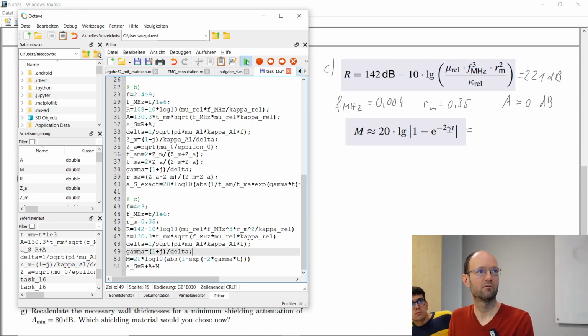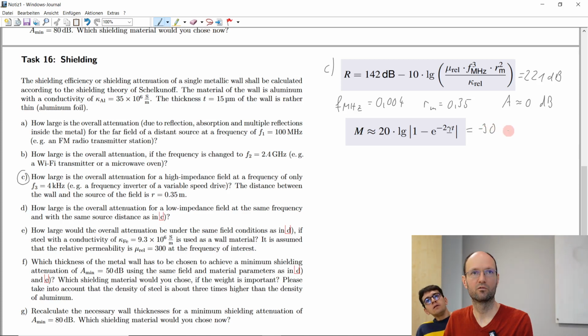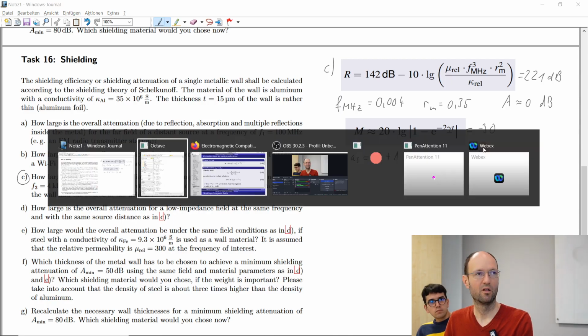And yeah, now it fits. Right now we get something negative that decreases our shielding attenuation. So M is minus 30, and the total shielding attenuation then, AS is R plus A plus M, is approximately 191 dB, so still quite a lot.